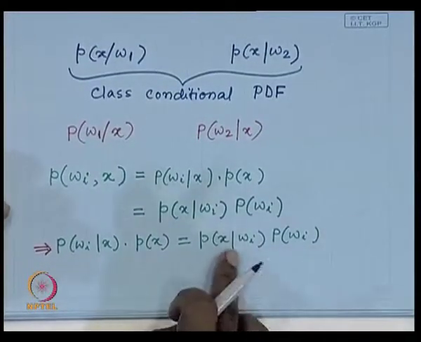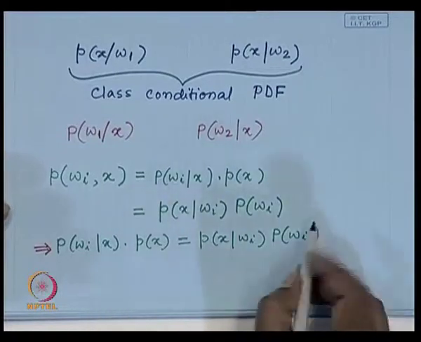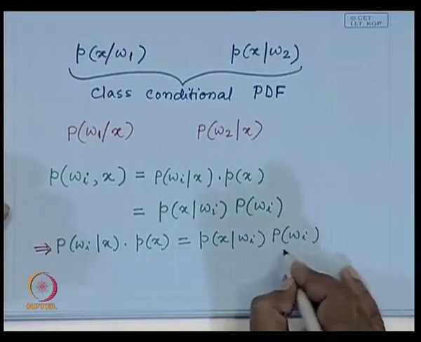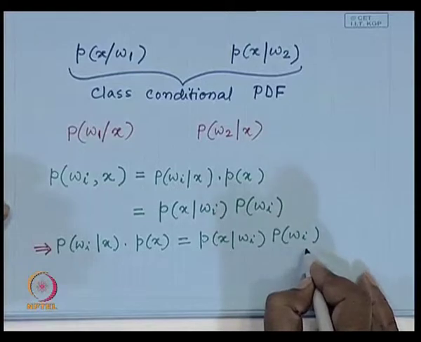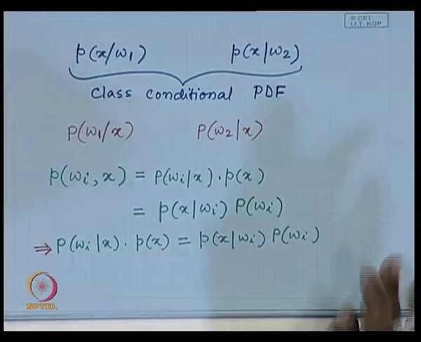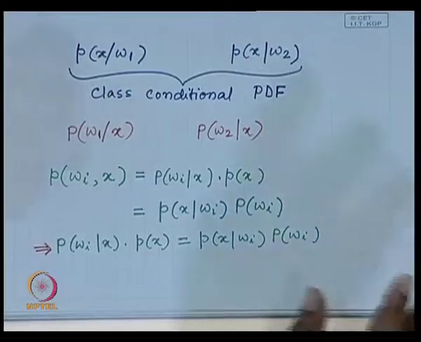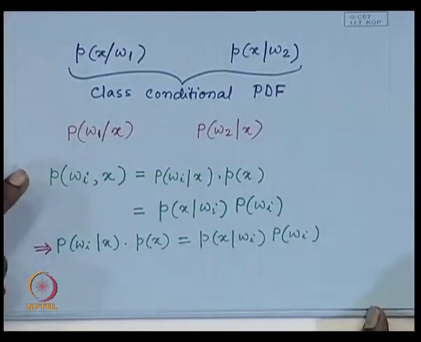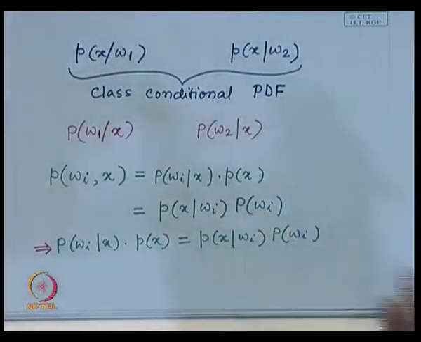Now, from here, I already know p of omega i, that is the a priori probability, based on the history of classification in that particular form: how many objects have been rejected, how many objects have been accepted out of the total number of objects produced.